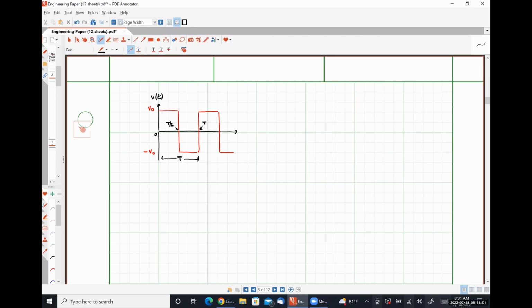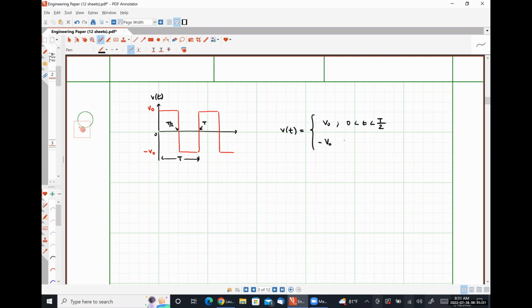Exactly half of the time the voltage is positive at V naught, and exactly half of the time the voltage is negative at negative V naught. As a piecewise function, our voltage could be described as V naught for 0 less than t less than capital T over 2.